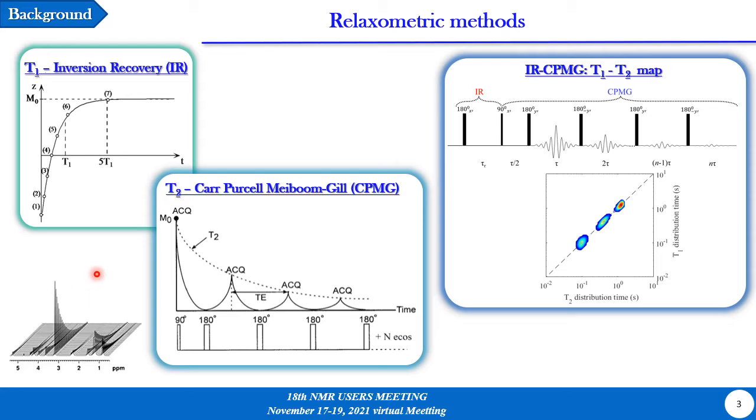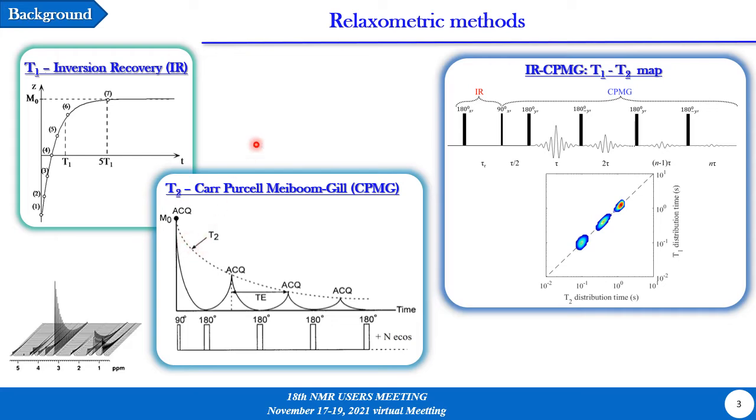And this type of signal we need to process to obtain the rate of these decays, like the diffusion coefficient or the T2 relaxation times.